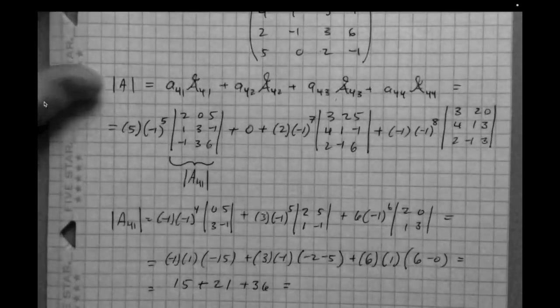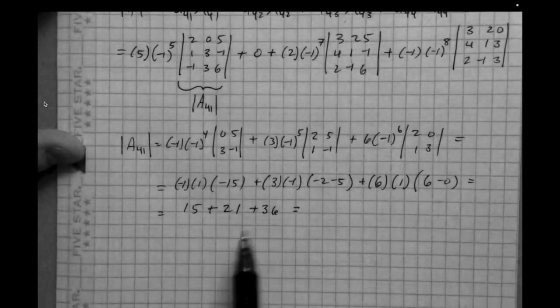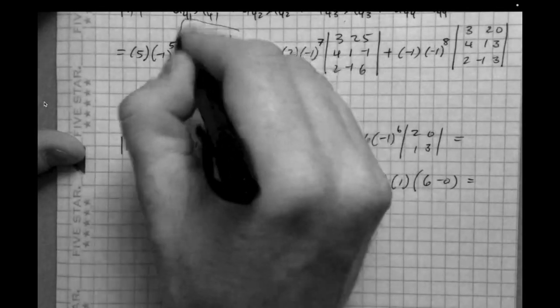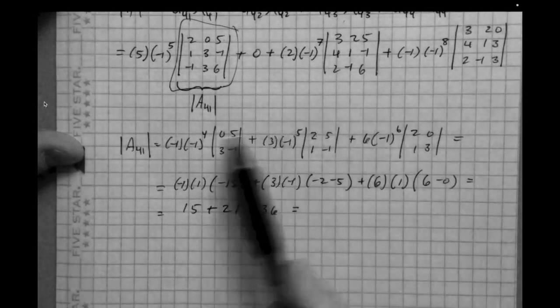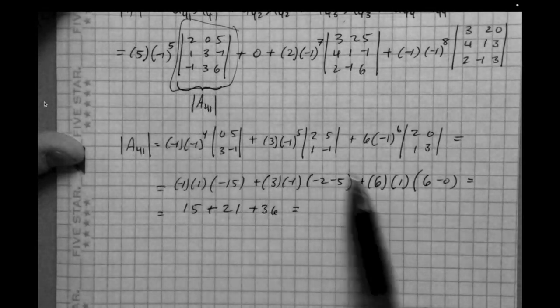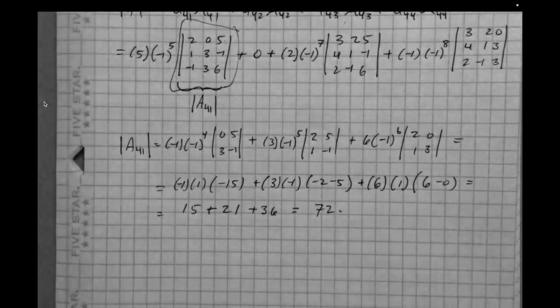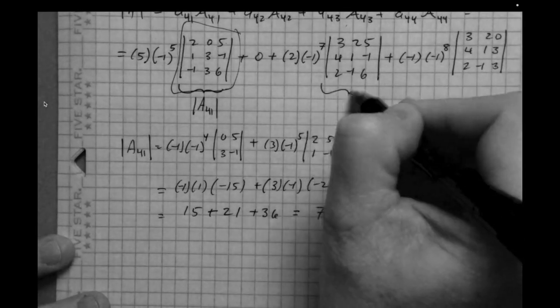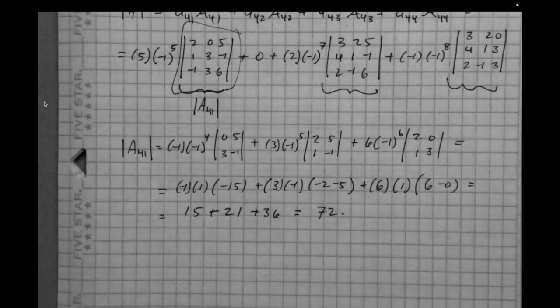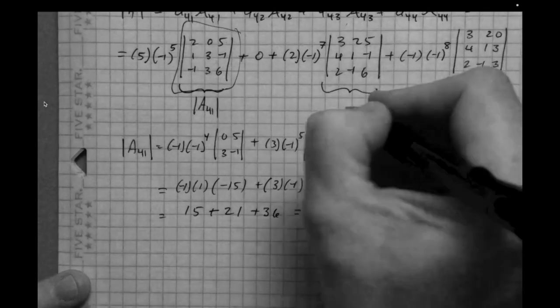So for this 3 by 3, all we're doing is looking at this one so far. We've got to do the same thing for these. But for this A41, we can see that the determinant is 72. Now what about these two? You'd have to figure it out the same way, calculating the determinant for each of these. I've done this ahead of time.